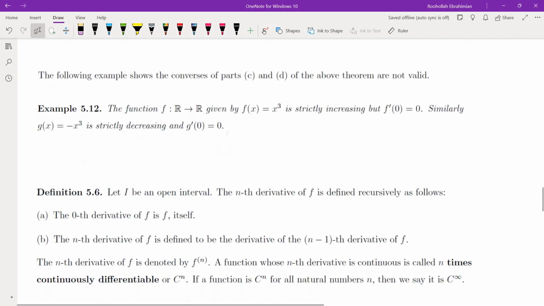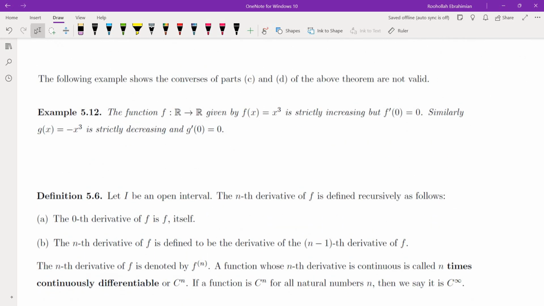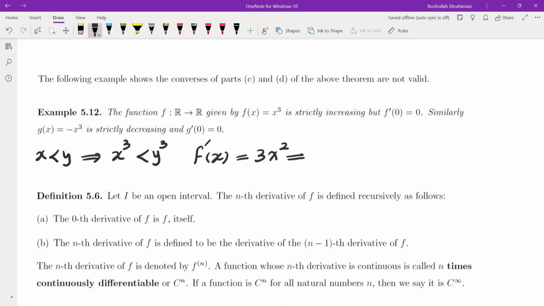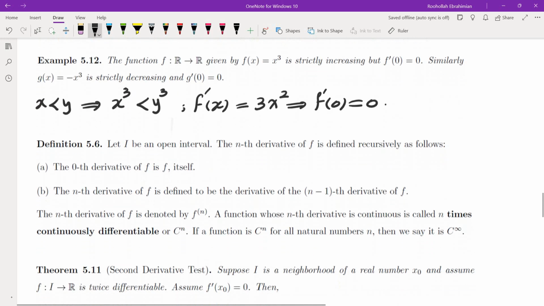For example, if you look at the function f of x equals x cubed, it is a strictly increasing function because x less than y implies x cubed is less than y cubed. But there is a point where the derivative of this function is 0. f prime of 0 is 0. So it could be that the function is strictly increasing, but its derivative is 0 at some point.